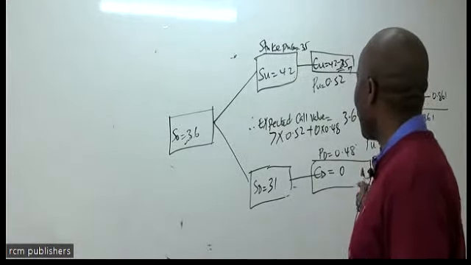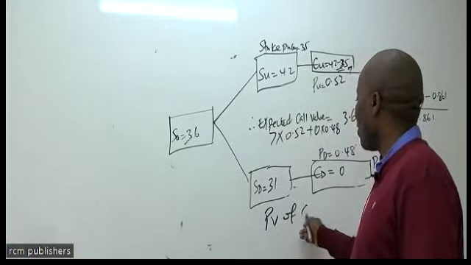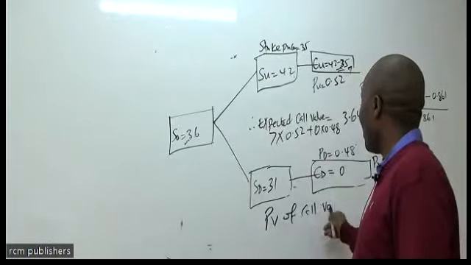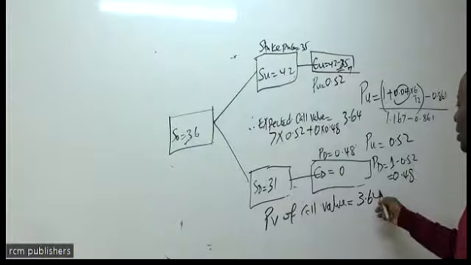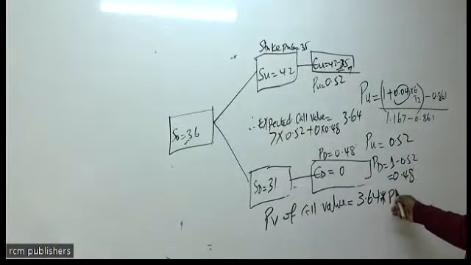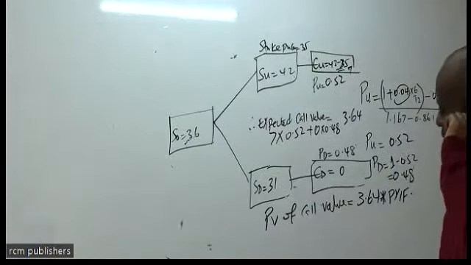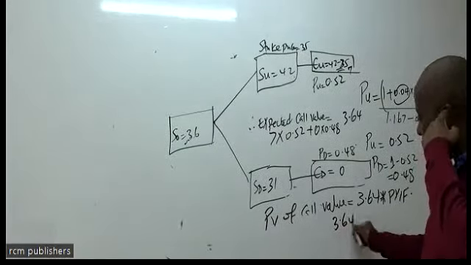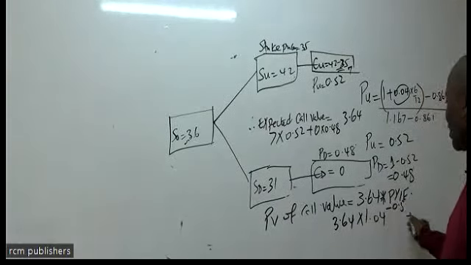So there we are. So come and give us the present value of the call value. It will be 3.64 times PV, which will be 3.64 times 1.04 raised to negative 0.5, like that.